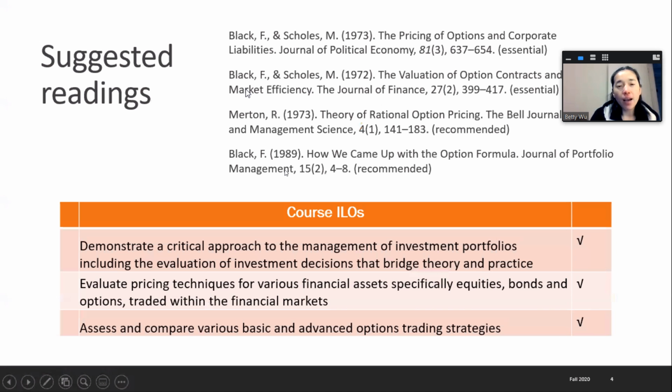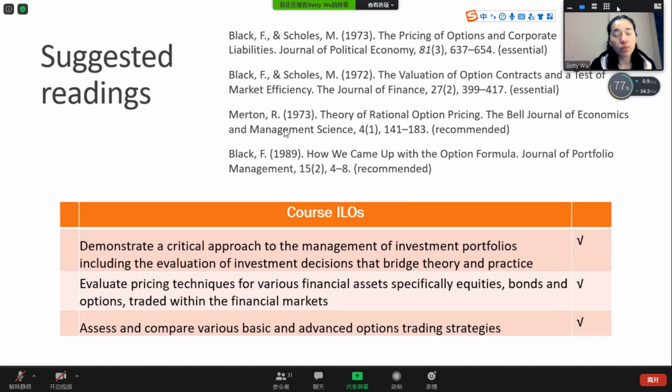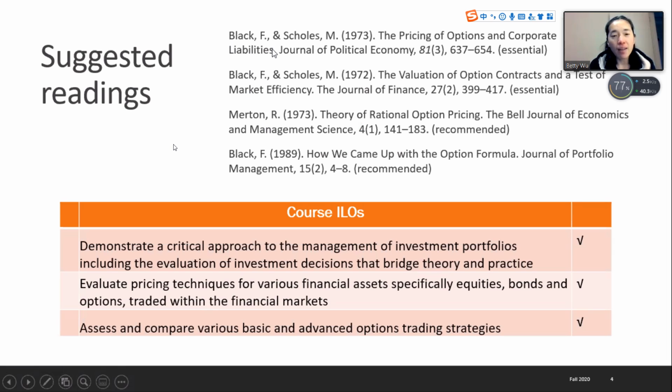And there are more suggested readings in here. Two are essential, two are recommended, and they are all about Black-Scholes. So again, Black-Scholes is super, super important in this unit. The authors of the Black-Scholes model were given the Nobel Prize, so you can imagine how important that model really is.